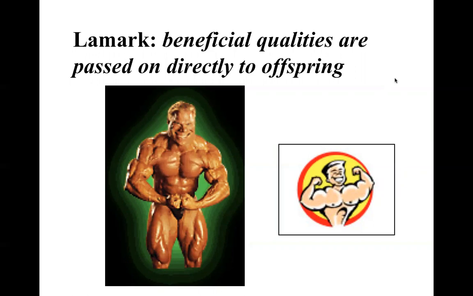Okay, well, who are the main players in evolution? Well, first we have George Cuvier, and he studied paleontology, which is the study of fossils, and he looked at the sedimentary rock layers. And he said that there's a succession of the different species in the layers over time.